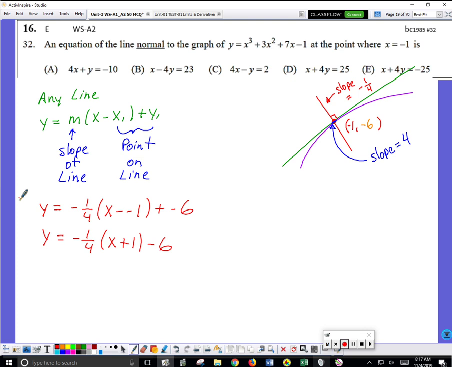But as Matt said, none of these answers are in this form. So what I notice is these are all in what's known as standard form. They've never tested you on that name, so I don't think it's that important, but that's what it's called. What's important to notice is no fractions on the x or the y. The x and the y have whole number coefficients. So I want to get rid of this 1/4. So I can either distribute first or just multiply both sides by 4.